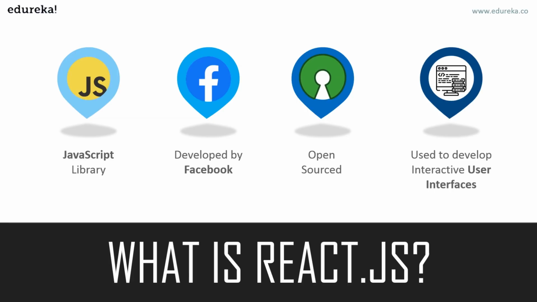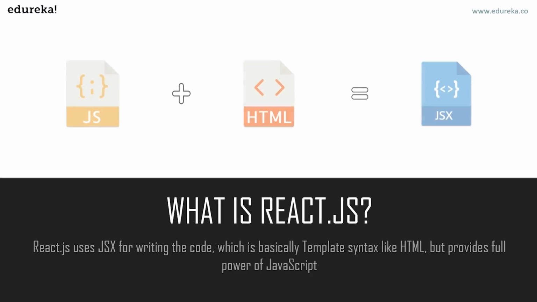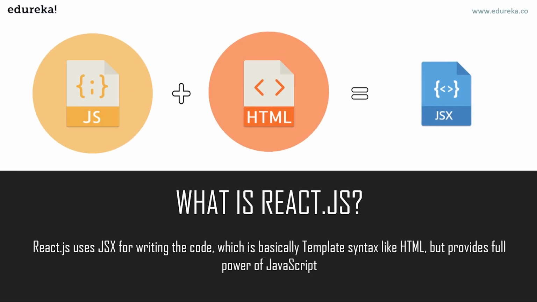Rendering is the conversion of data that describes the state of the user interface into DOM objects that the web browser can use to produce a user interface that the user can see and interact with. Now, React.js uses JSX to write the code, and it uses the concept of virtual DOM.